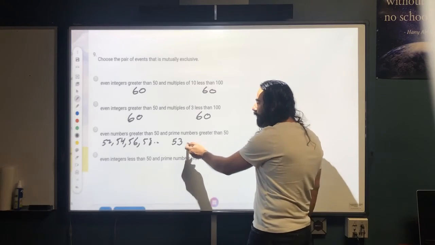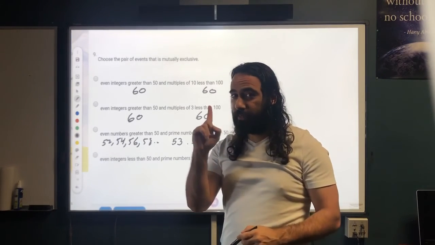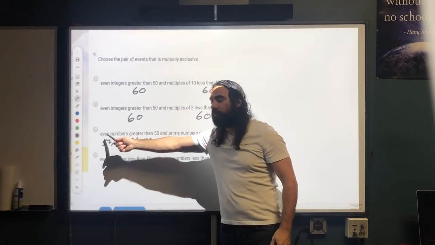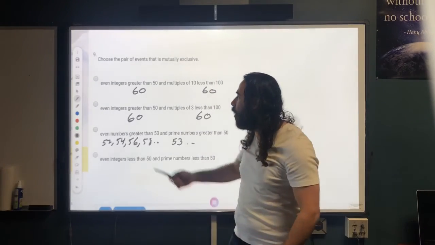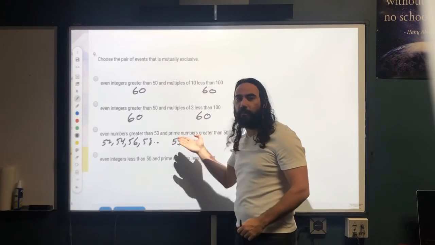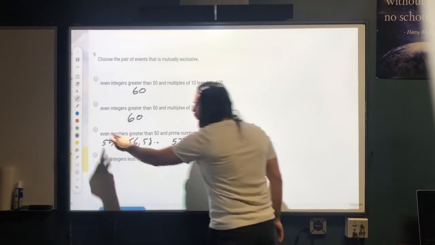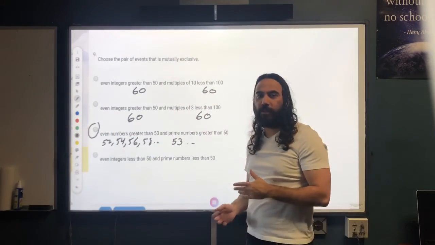And so on. What is a prime number? It's all the numbers that only divide by itself or by 1. If it's even, it always divides by 2. It doesn't matter. So all the even numbers are not prime numbers. So there's nothing in common. That's why we say this will be the answer. Both events are mutually exclusive.